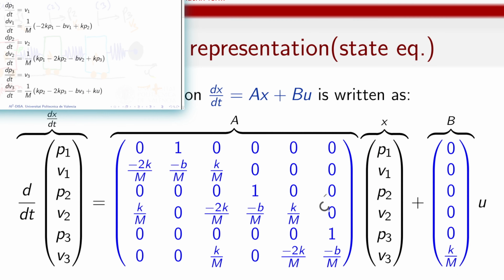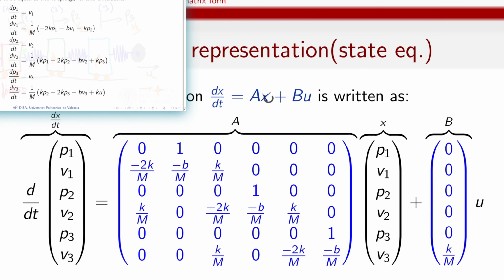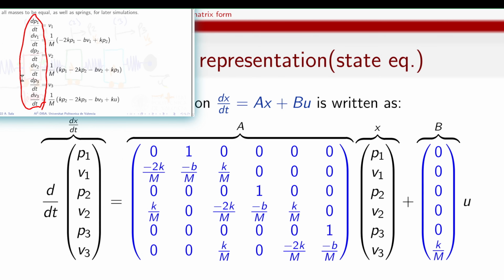Then matrix A must be built by extracting the coefficients that multiply positions and velocities, because the state vector x must be built with the things that appear as derivatives on the left-hand side of my equations in normalized form. So this is the state vector x, which is built by vertically stacking position, velocity, position, velocity, position, velocity, 1, 2, 3. Good.